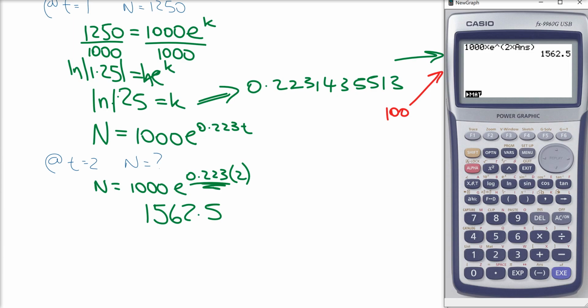1,562.5? Which one would you do? Who'd go 1,563? The reason why? 0.5 rounds up. Who would go 1,562? Why? Yeah, half a possum.